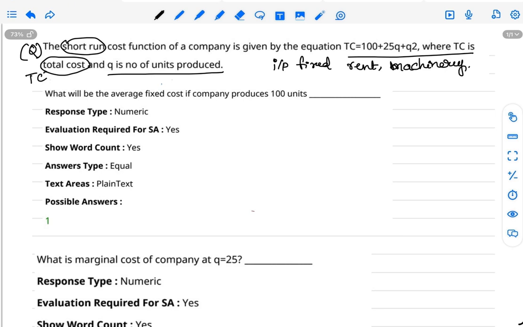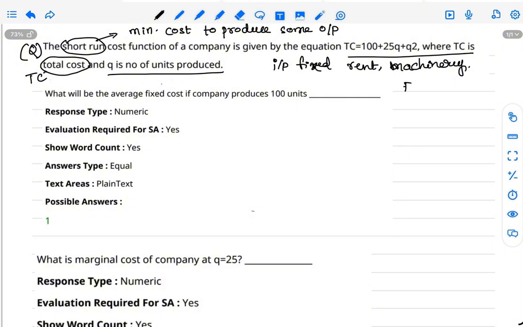And in short run, it shows the minimum cost to produce some outputs, not all outputs, only some outputs.